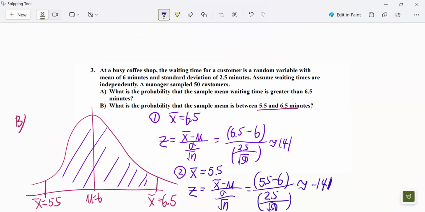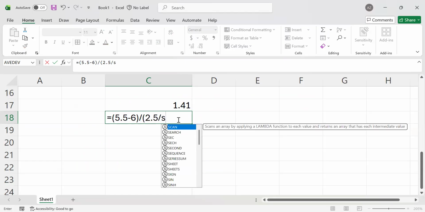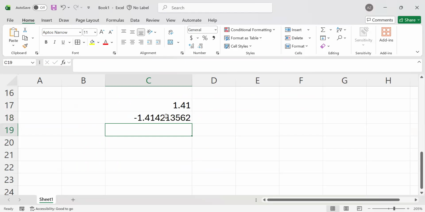These two z-scores will be opposite. We can quickly check using the calculator. It's minus 1.41.